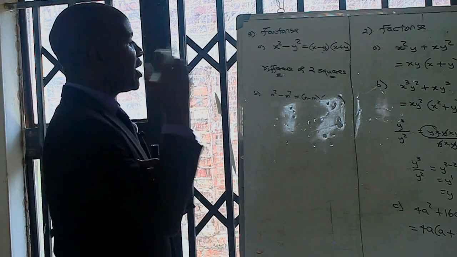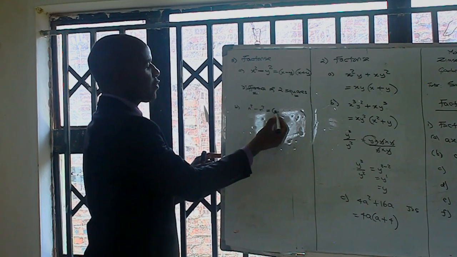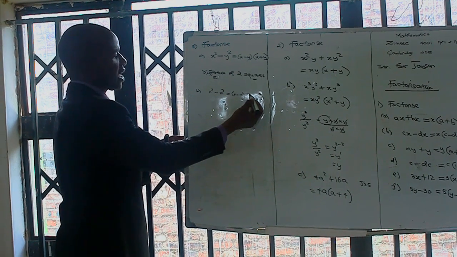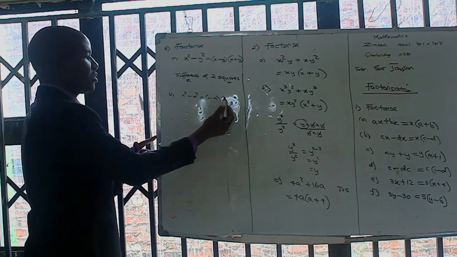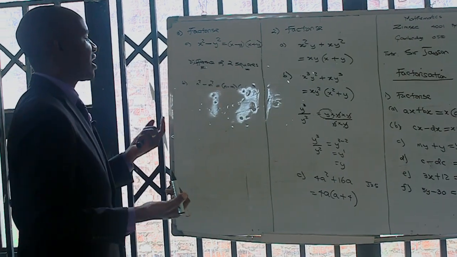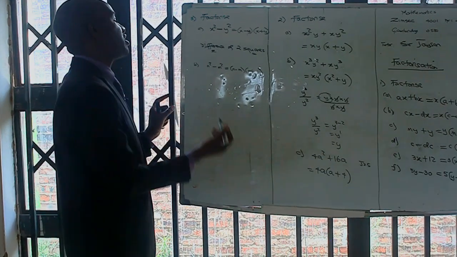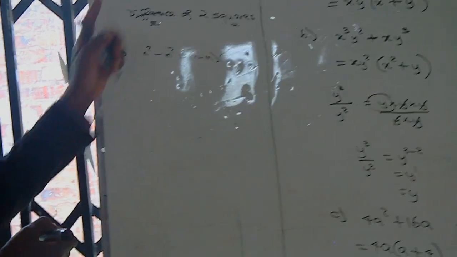Now, when you are using difference of two squares, it is the same if you start with n plus m, then the subtraction on the other bracket. No problem. You can even start with the plus, then the minus. But for consistency's sake, we start with the minus, then plus.